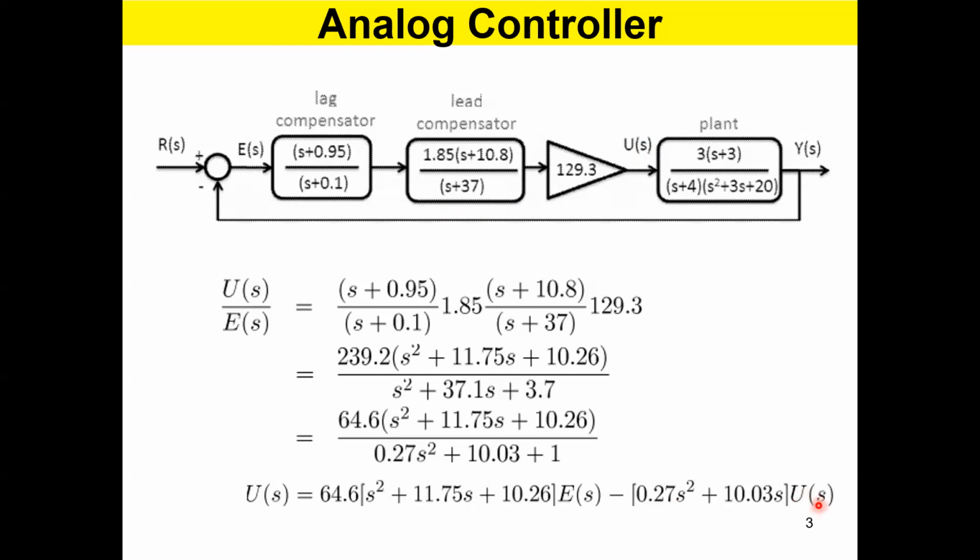But it doesn't mean it's the same U(s). It's a different U(s) at different times, okay? So going forward, now this is a Laplace domain representation of the controller, or the control signal U(s).